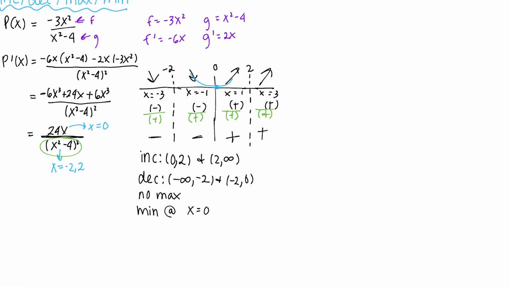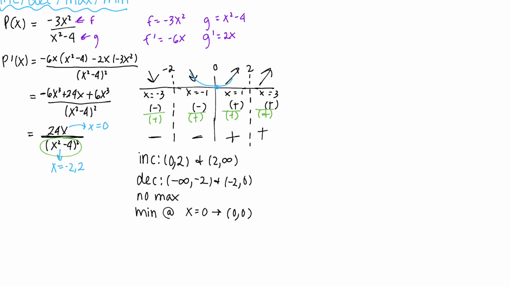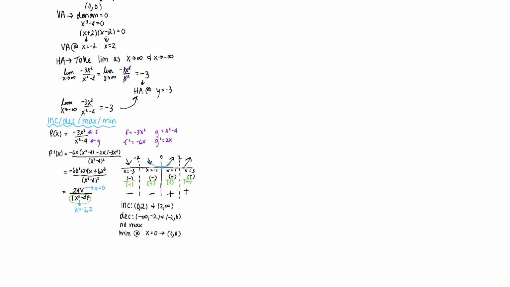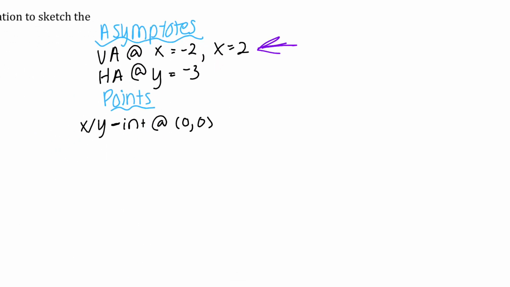And we already know that that point, x equals 0, if you plug 0 into this function, you get 0. So we already found that point. That was the point 0, 0. So I'm going to copy that information right up here with my summary of information.